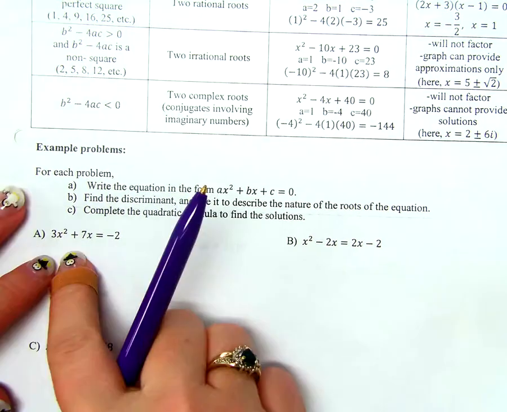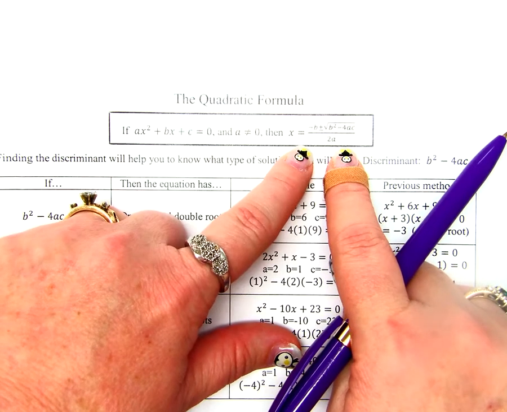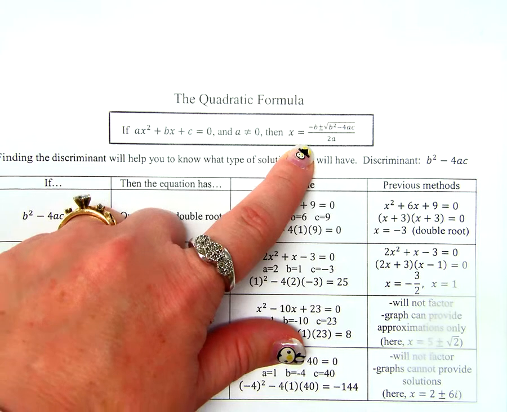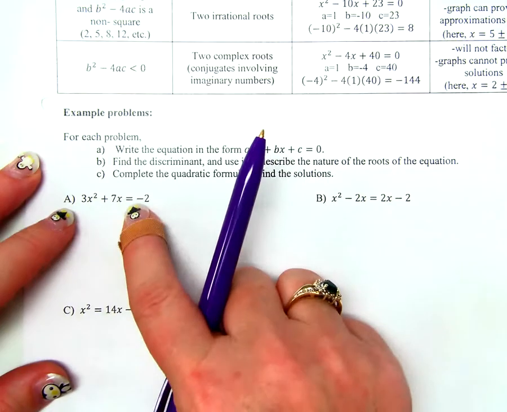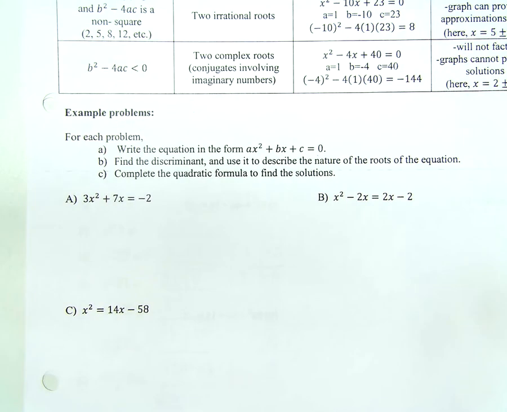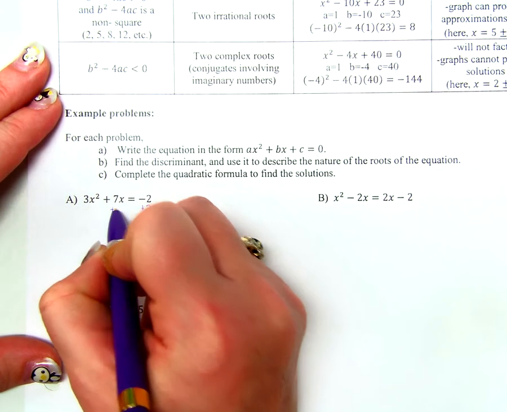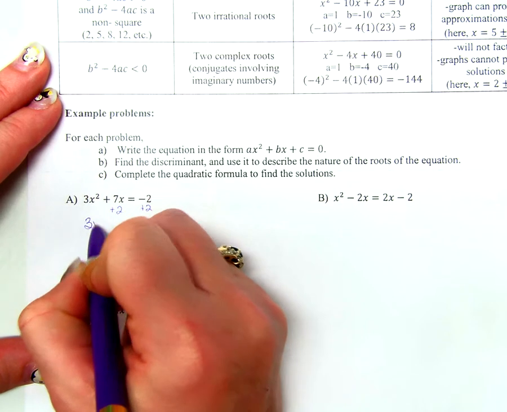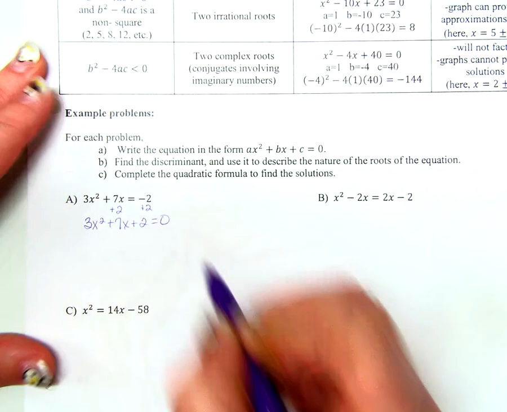So look at problem A. In order to solve it, don't we have to know A, B, and C? In order to plug anything into this equation, we have to know A, B, and C, don't we? Okay? So look at example A. First of all, we have to get it equal to 0. Okay? To get this equal to 0, I'm going to add 2 to both sides. 3x squared plus 7x plus 2 equals 0.